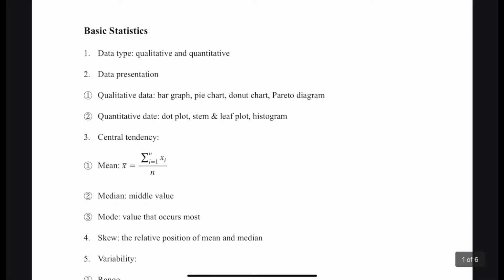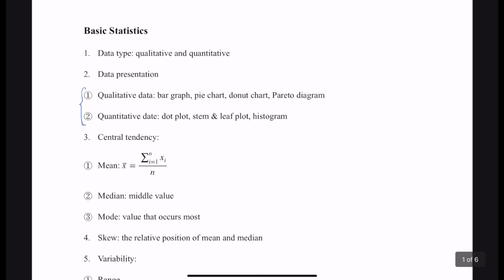We need to tell others what we get from all this data, right? So these are all the presentations that we can use. These are all the charts, the graphs that we can use to present our data.